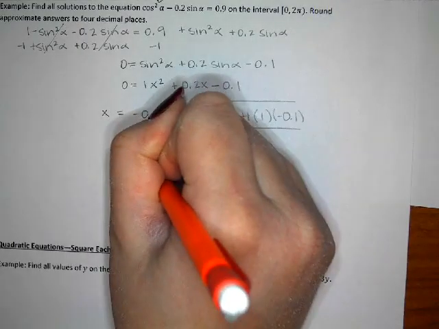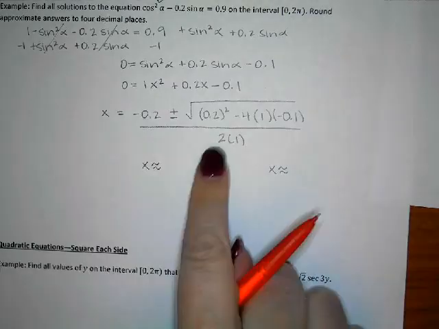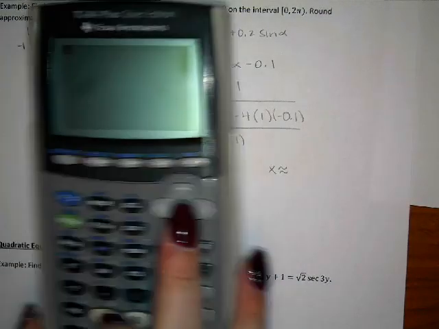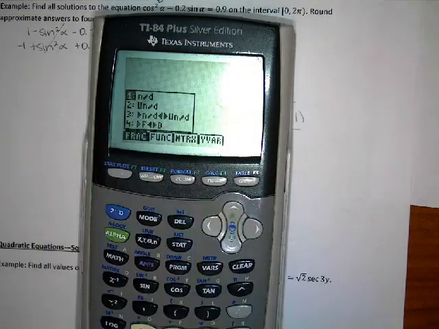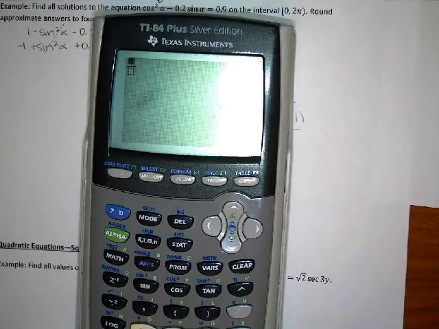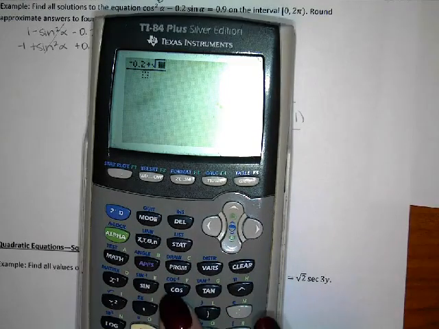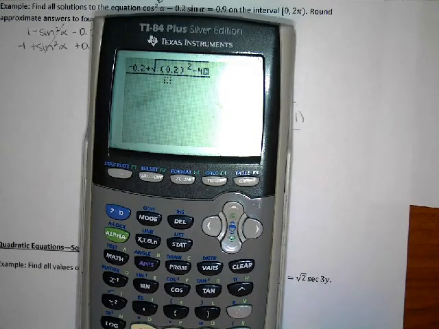Okay, so let me type this in. To type it in as a fraction, I'm going to hit the green button, and then y equals, and now I can put a fraction on the screen. And I've got negative 0.2 plus square root 0.2 squared minus 4 times 1 times negative 0.1 divided by 2 times 1.